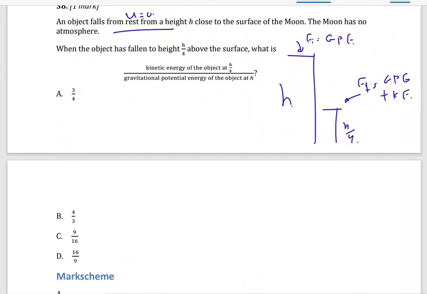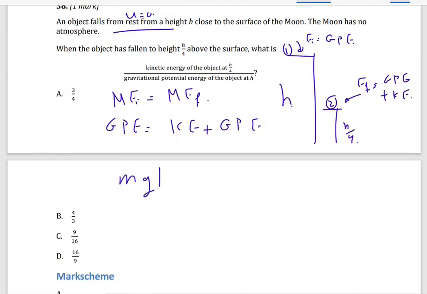So I'm going to use the conservation of energy: mechanical energy initial equals mechanical energy final. I start with gravitational potential energy at the first position. At the second position, I have kinetic energy plus gravitational potential energy. So mgh will equal kinetic energy plus mg times h over 4.